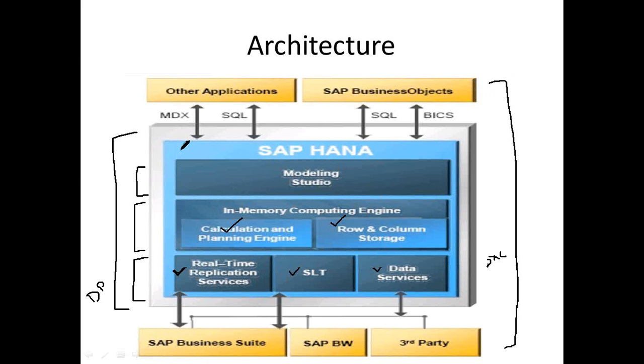It has a lot of different servers. The database itself is divided into multiple servers for handling searching, translation and so on. So we're going to look at those engines and the different servers on the SAP HANA server.